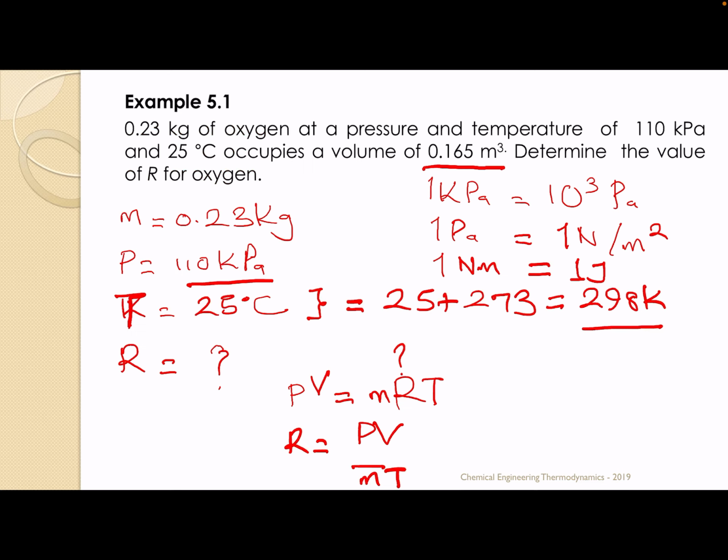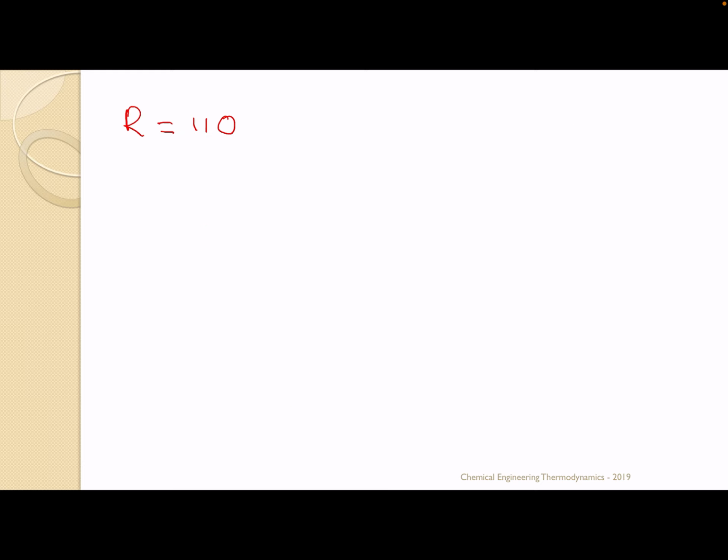So we have our P, which is 110. Remember, as I said earlier on, let's first convert our pressure to a unit that has meter in it. We can easily say 110 kilopascal is the same as 110 times 10 raised to power 3 Newton per meter squared.